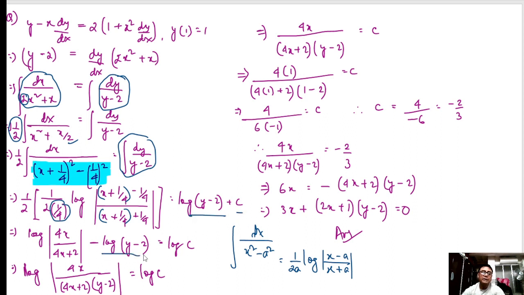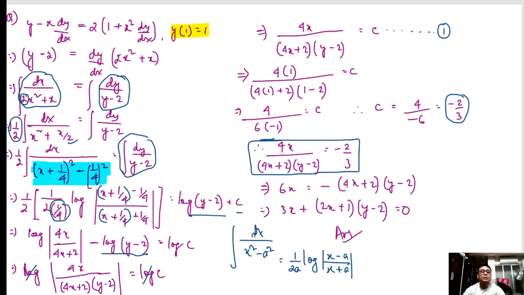It comes on this side, so it is log a minus log b is log a by b, cutting the log on both sides. And now this is the equation. In this equation I will put the values of x as 1 and y as 1, and then we will calculate it and get the value of c, and replacing it in equation 1 we get this.